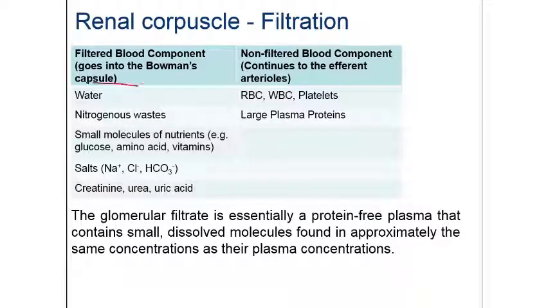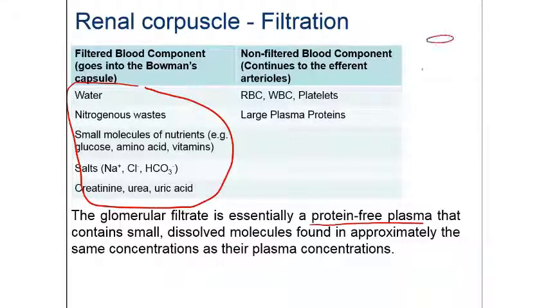And if you look at this list over here, that is basically what we call a protein-free plasma. You might remember from a long time ago, lecture 2, I think, I told you when we spin the blood down, you are going to have the hematocrit at the bottom, and then at the top you're going to have the plasma, right?